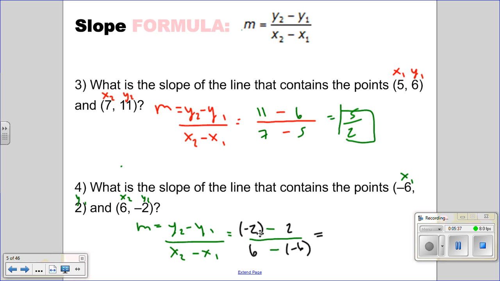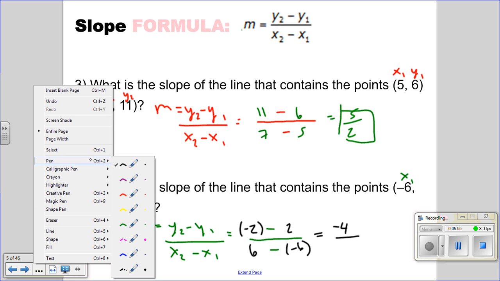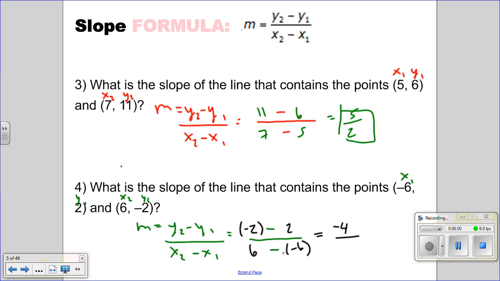Now, if I owe somebody $2 and then I borrow another $2 from them, that means I owe them $4. So negative 2 minus 2 is negative 4. I owe them $4. Anytime you have a double negative situation, like 6 minus negative 6, you got to remember that that minus becomes a plus and that negative becomes a positive.